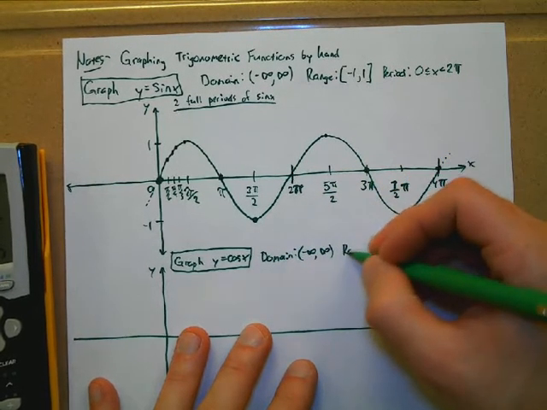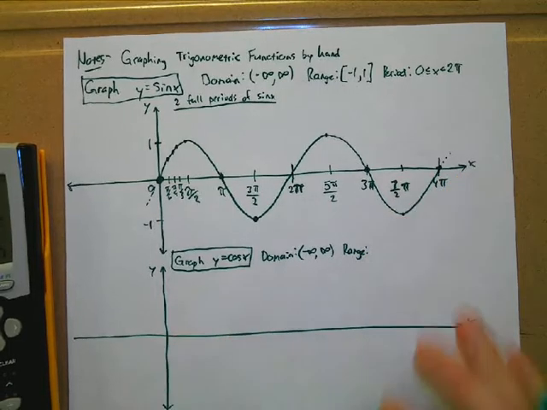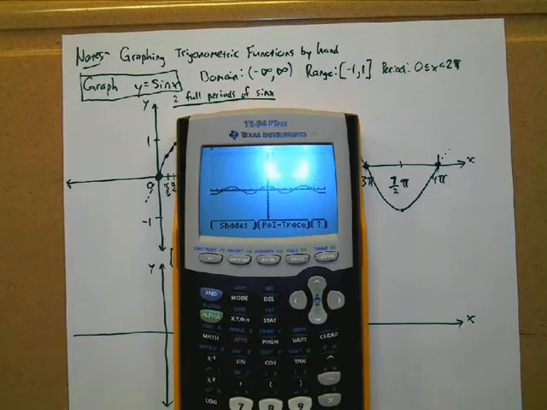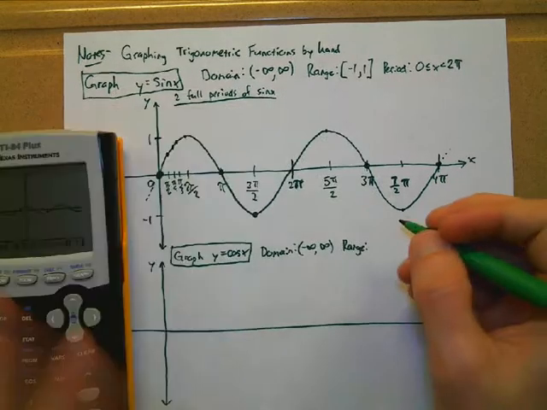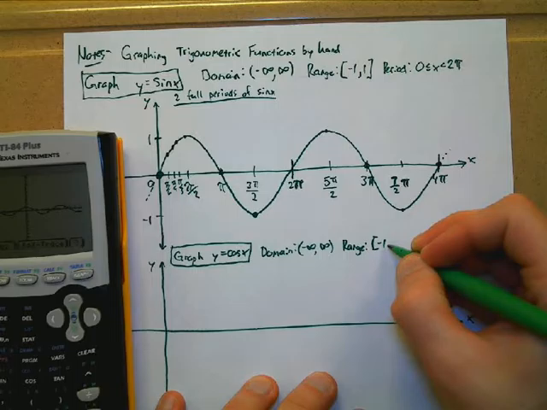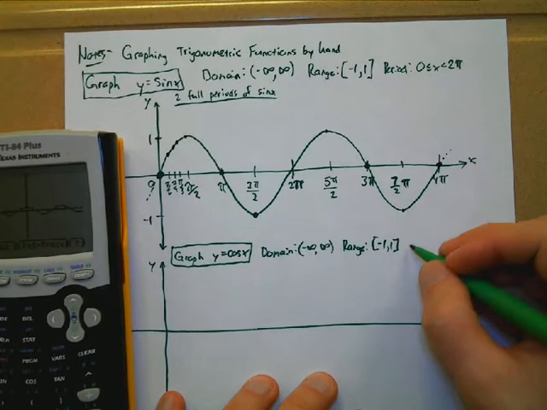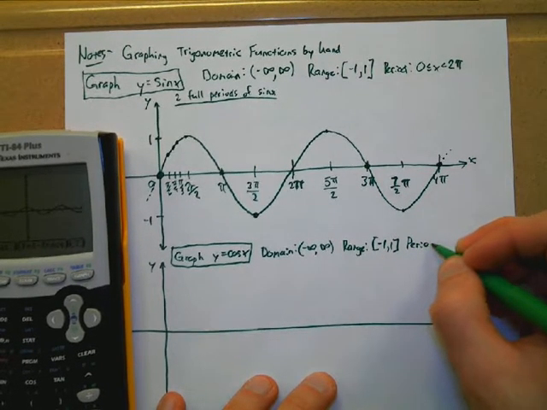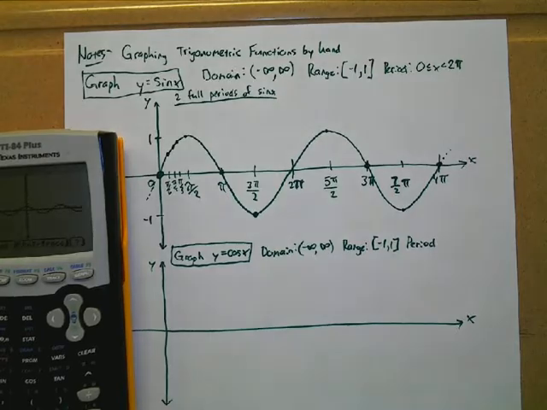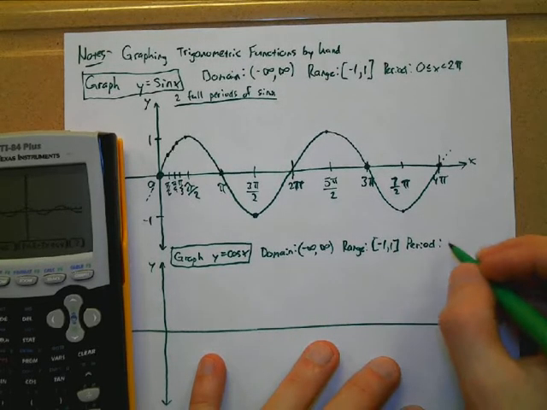And we'll again include negative 1 and 1, just like we did before. And the period, well, it also repeats. It's the same thing: 0 to 2 pi. It repeats every 2 pi. And again for cosine, we'll do 2 full periods.